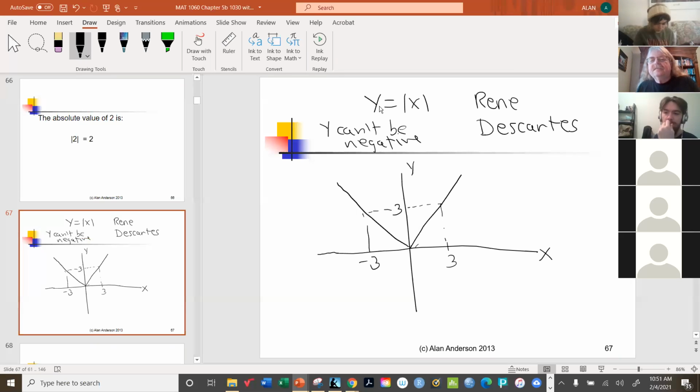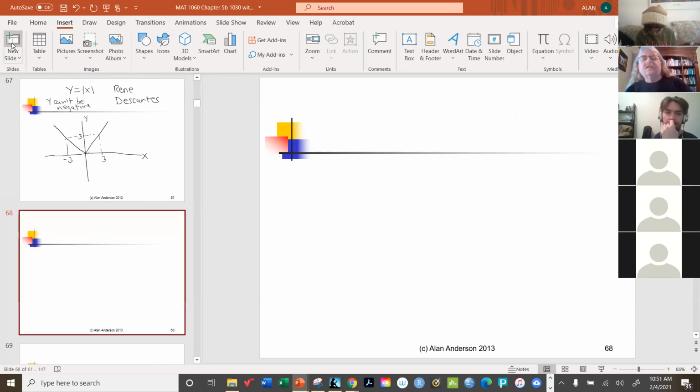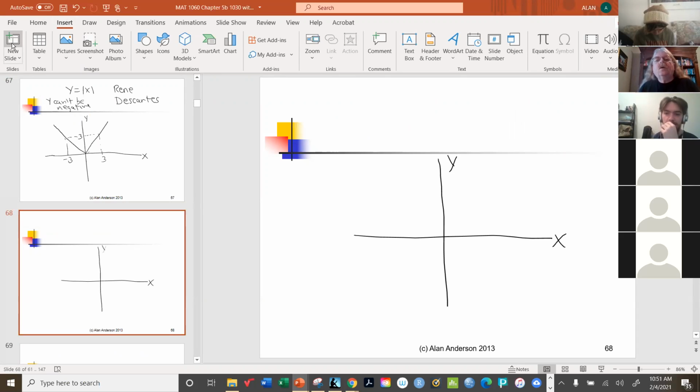Okay. So let's see. Now, before we do this, there's one more little thing I want to remind you of. When you're looking at the XY coordinate system, you might recall that it's broken up into 4 what are called quadrants.